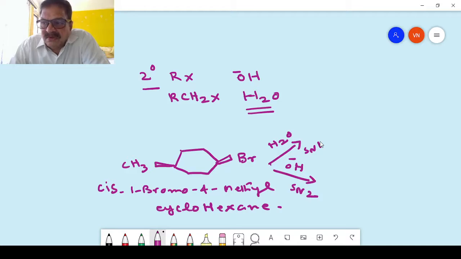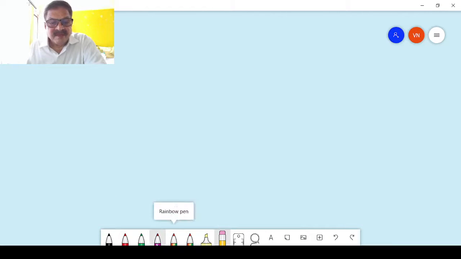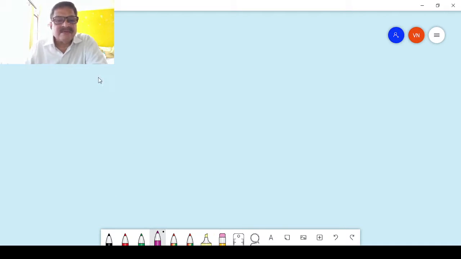Since the bromine, the leaving group here, is above the plane of the ring, the nucleophile can attack from below the plane, and we will get only one product here. So how will it be? Let us see. So the cis compound, the nucleophilic attack on this one.